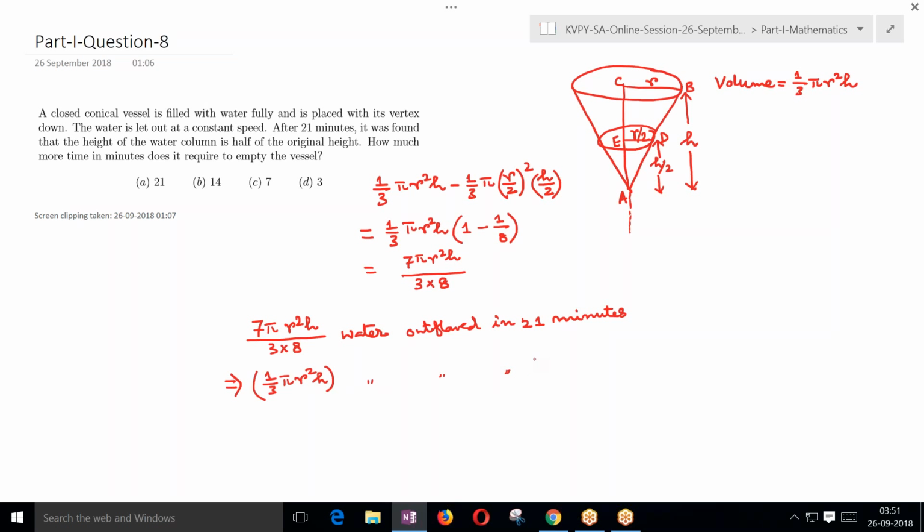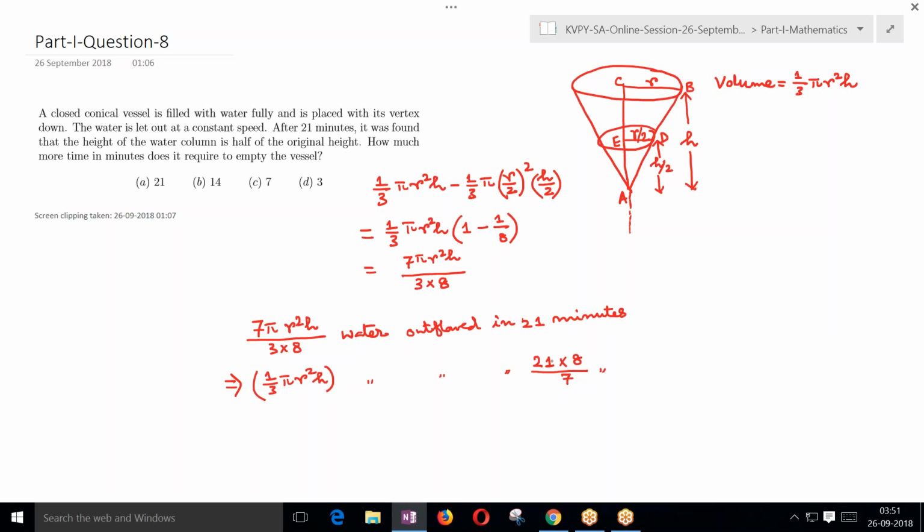That is 21 into 8 by 7 minutes. But how much water is still remaining?